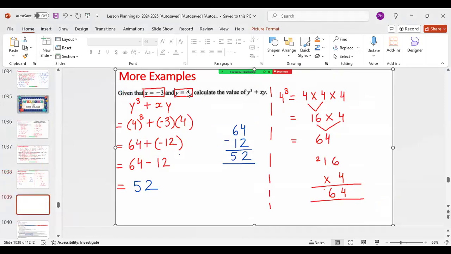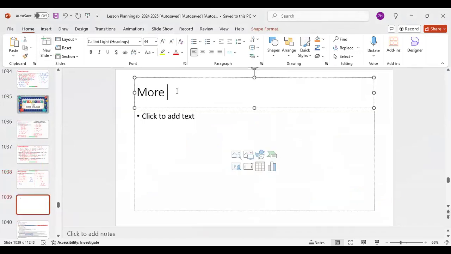So more examples here. If you already know how to do it, you can put your answers inside the chat and I will look at it. If you know what to do and you don't want to wait on us, you can put your answer inside the chat.